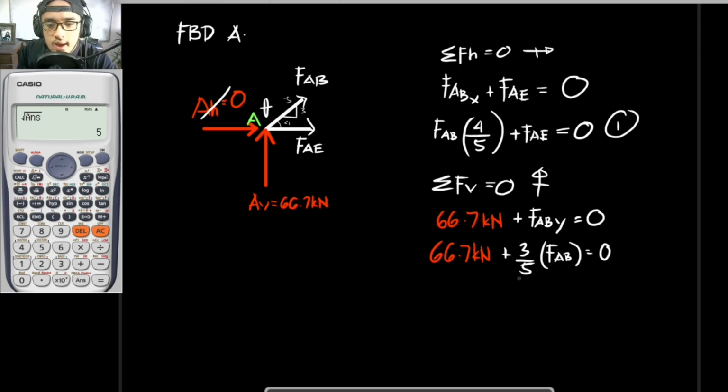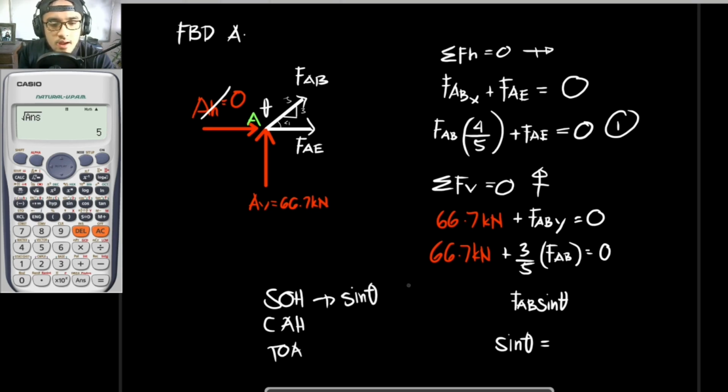Or if you are given the angle, that is FAB sine theta. Both of these values should be the same. If you remember SOHCAHTOA, sine theta is equal to opposite over hypotenuse, and our opposite here would be 3 and our hypotenuse here would be 5. So basically, sine theta and 3 over 5 are equal. It is as simple as that.